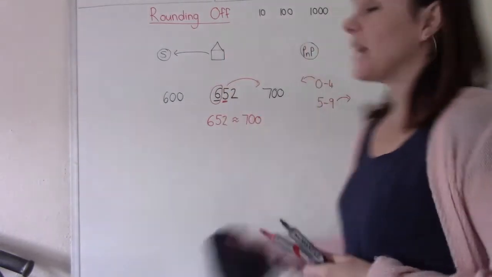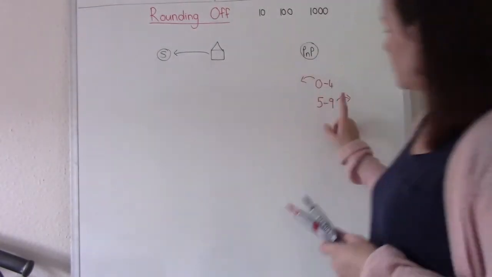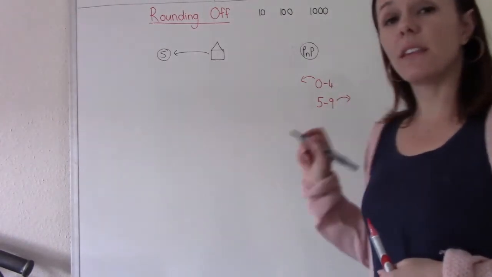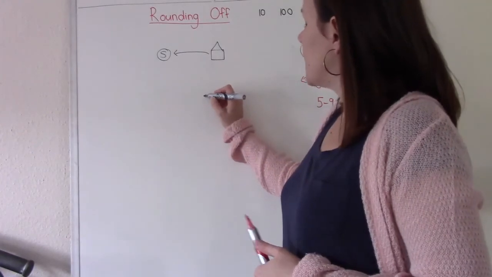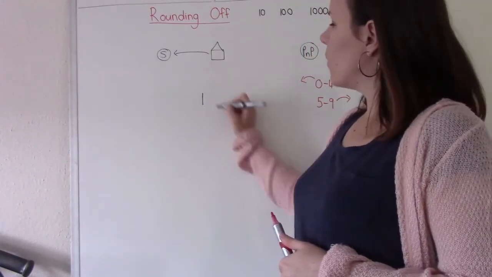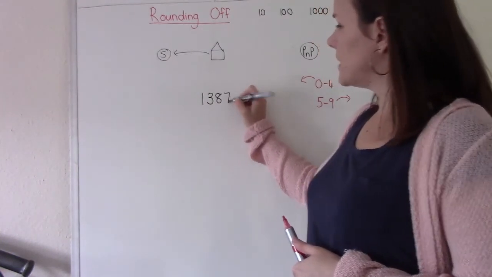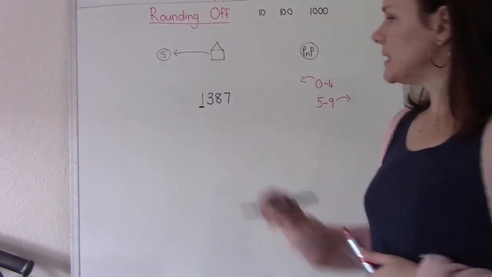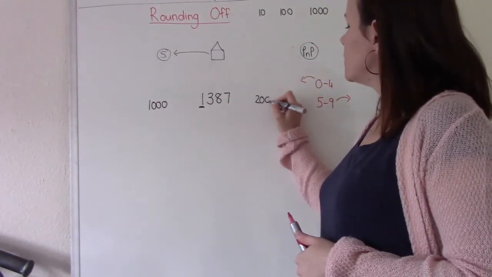Great, let's do rounding off to the nearest 1000. I'm going to keep my same rule over here. This time though, I'm going to look at the thousands and round off that way. So let's say we have 1,387. 1,387 is between 1,000 and 2,000.